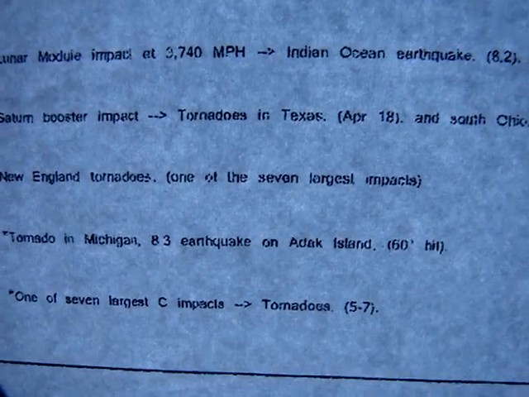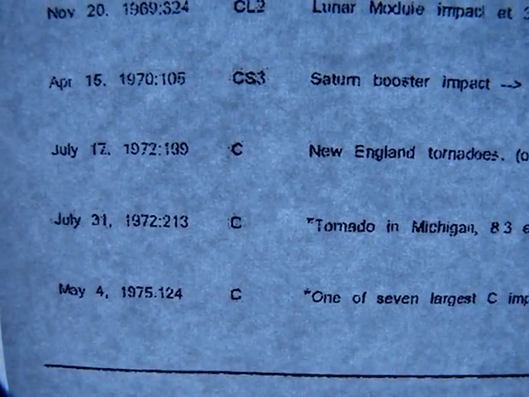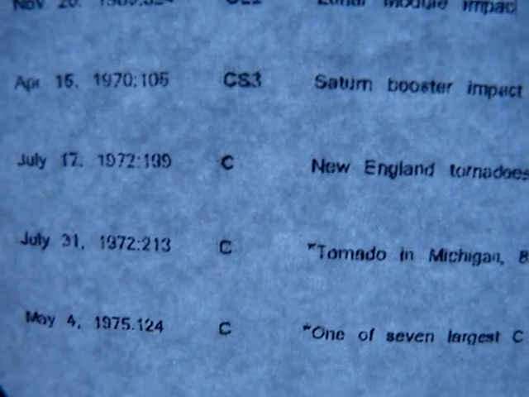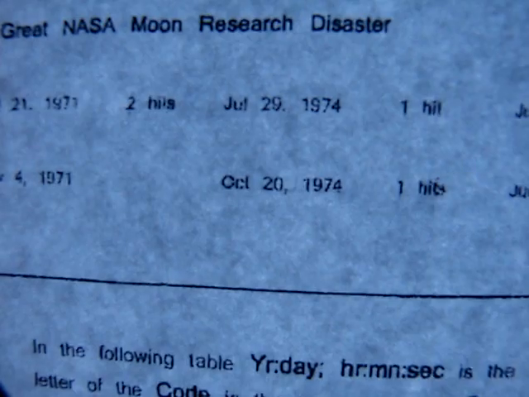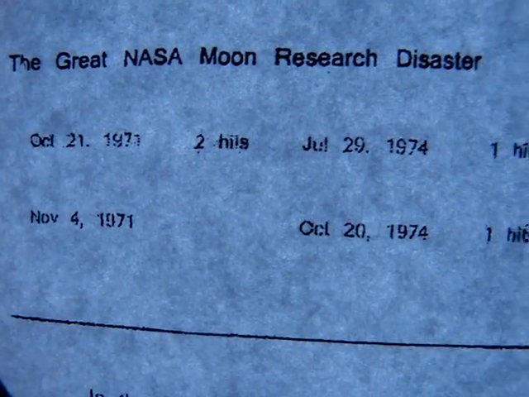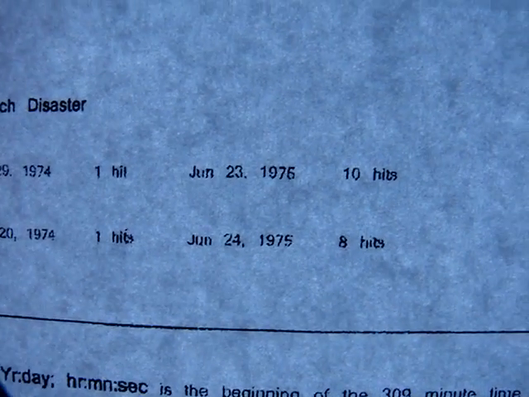What I have here is a recording from the seismographs of every major meteor that struck the moon. They call these the C impacts. These are all the dates.